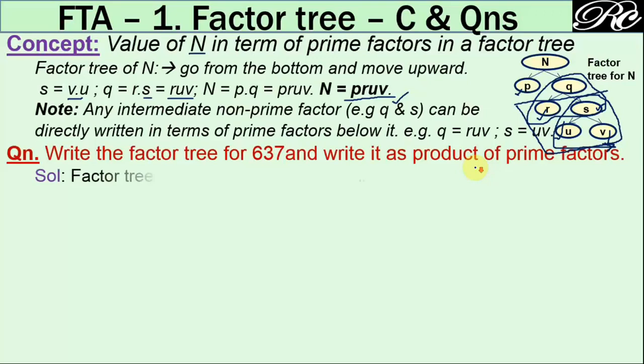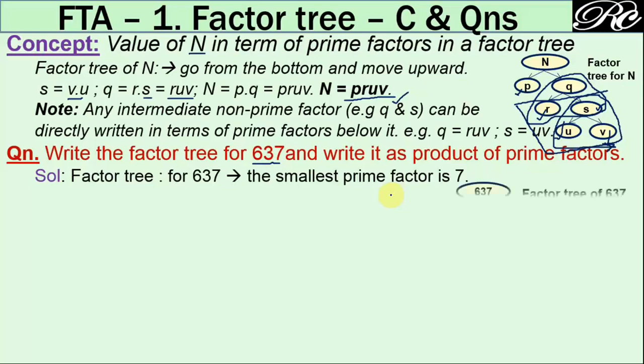The question is like this: write the factor tree for 637, and also we have to write this as a product of its prime factors. So we shall first make the factor tree. For making the factor tree, 637 is divisible by 7. After dividing this 637 by 7, you will get the factor 91. Now this 91 is further divisible by 7, and the other quotient that you will get is 13.